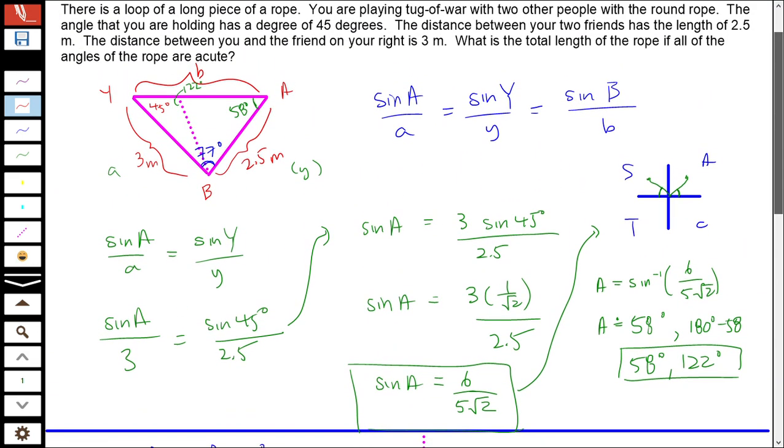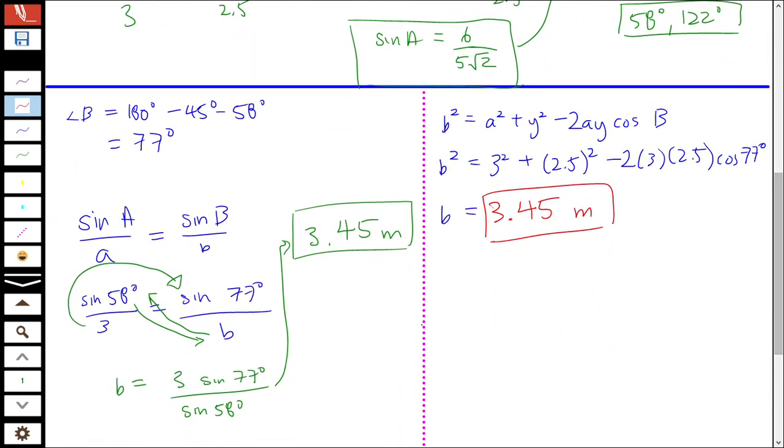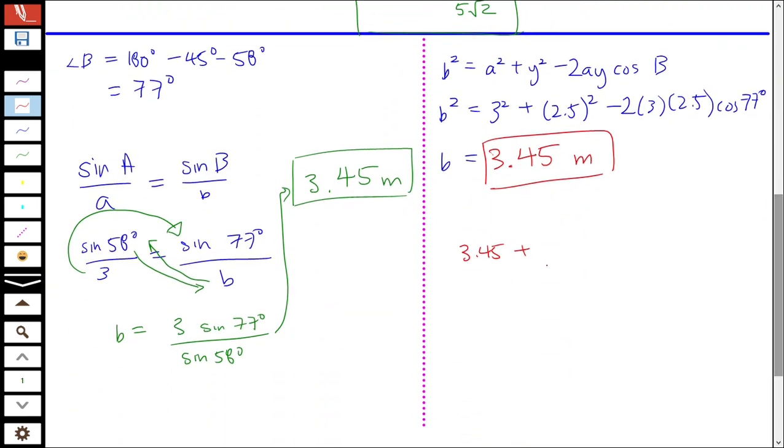So to complete our question, what is the total length of the rope? It's going to be 3.45 plus, what were our values? 3 and 2.5 plus 3 plus 2.5, and that is going to give us 3 plus 2.5 plus 3.45.